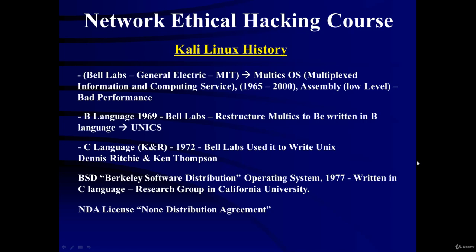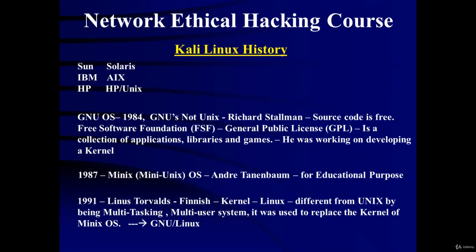Just for your knowledge, at that time the license cost was $150,000, so it was not available for end users or for small companies. So many companies bought Unix and made their own operating systems, such as Sun, which made the Solaris operating system, IBM, which made AIX, and HP developed HP-UX.